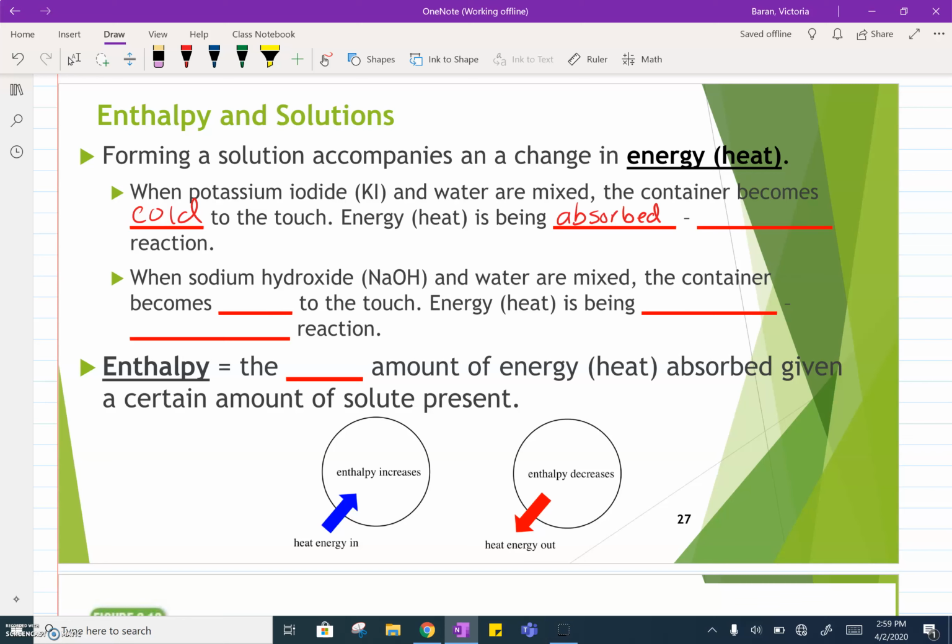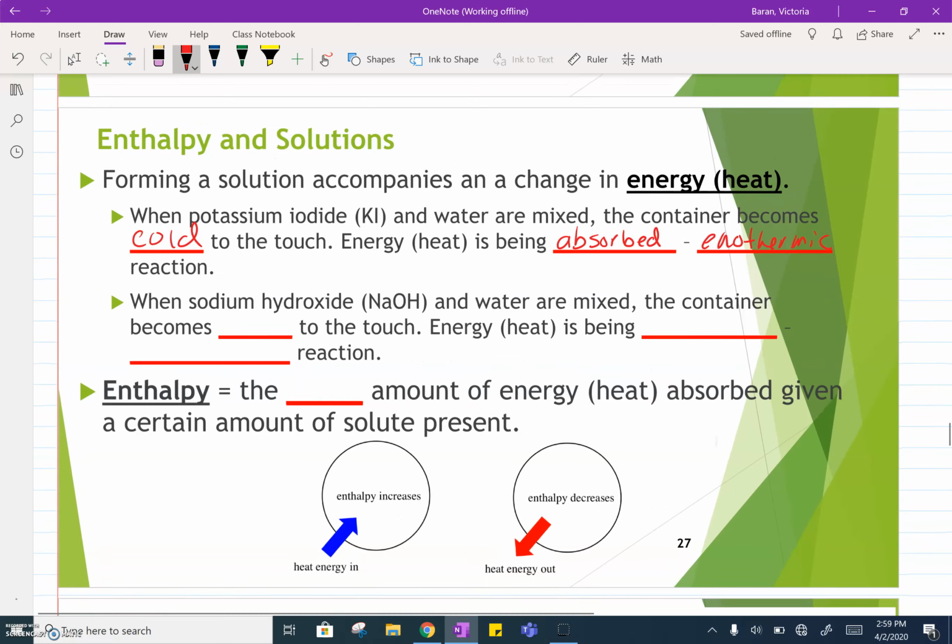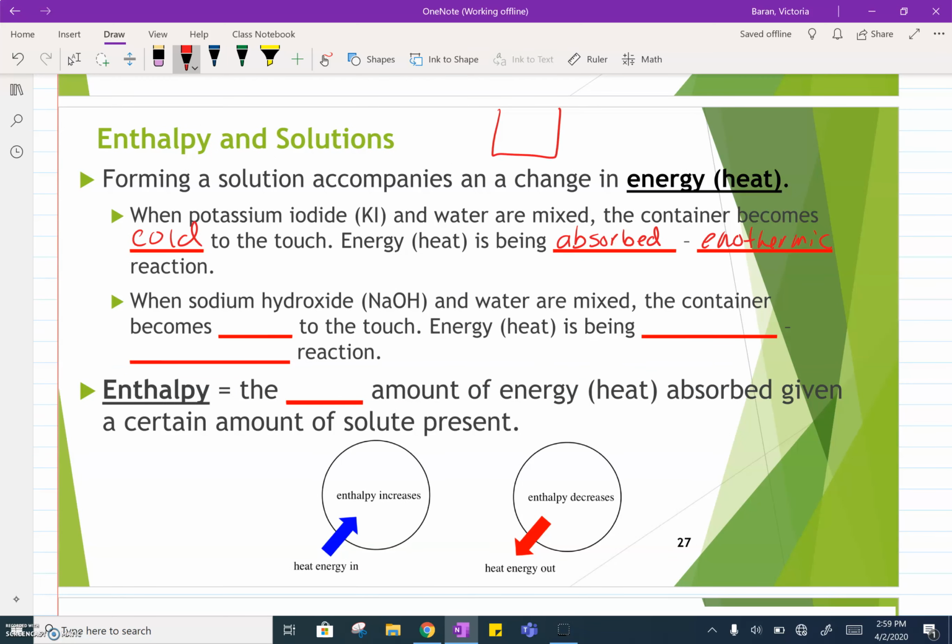And if heat or energy is being absorbed from the surrounding area, it will make the surrounding area feel colder, so that container to feel colder. And we call this an endothermic reaction.